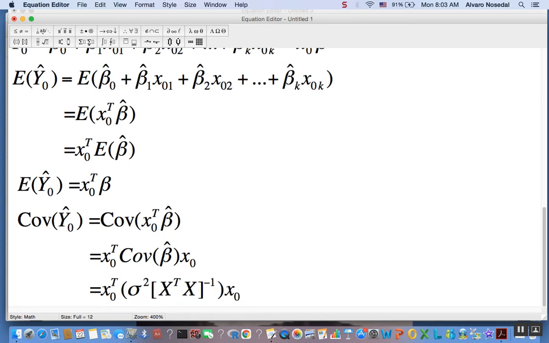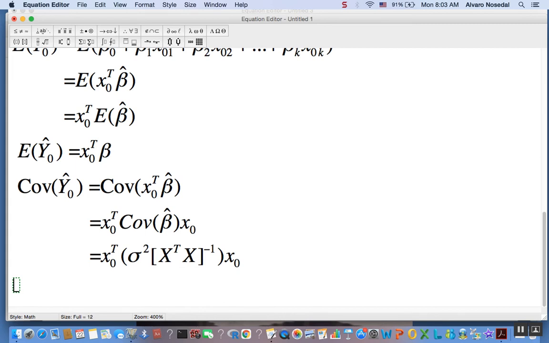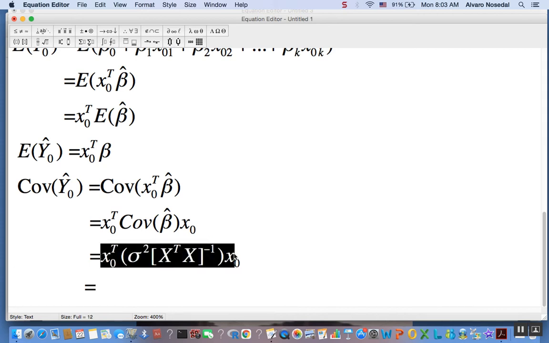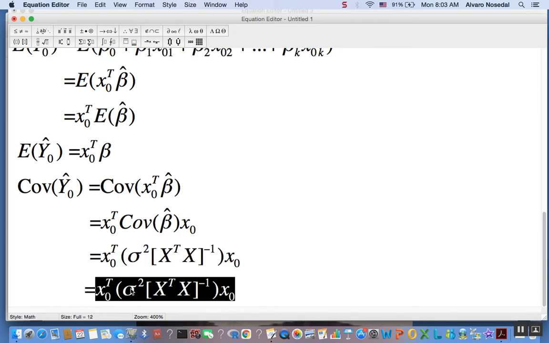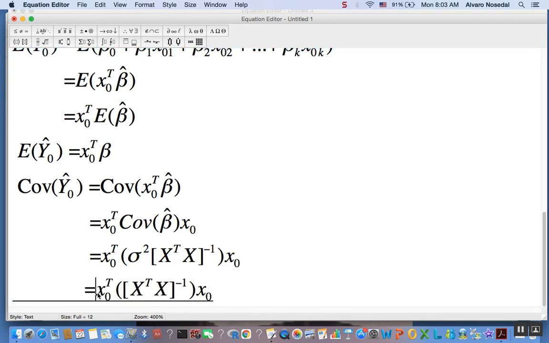But yeah, you can see that what we have here is now the same as this. Sigma square times x0 transpose times X transpose X inverse times x0. Okay. Let me remove those brackets. Okay.